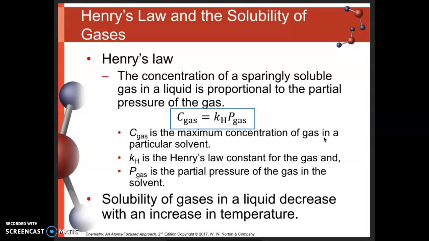Now, we use this to describe gases in general in terms of their ability to dissolve in liquids. And so, what we can find is that, for something like oxygen, which has a relatively low solubility in water, if it is in a higher pressure situation, then it's going to have a greater concentration inside of the water.